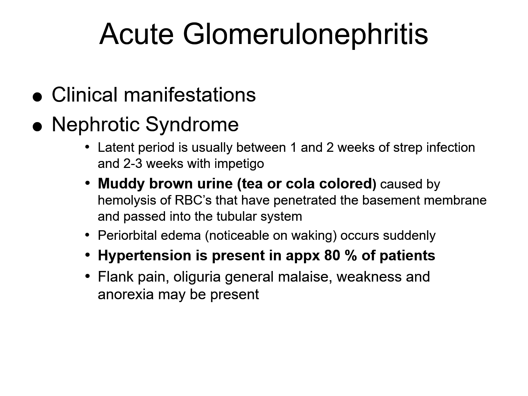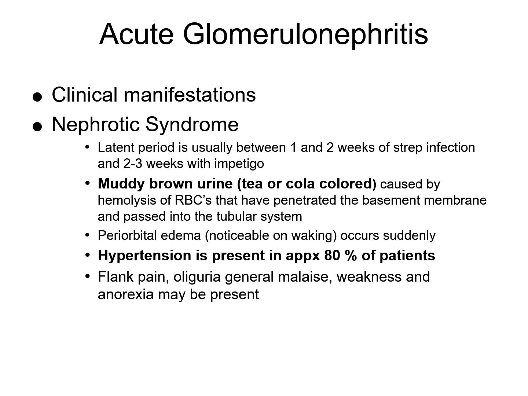So, when we were talking a while ago, you're looking at your patient and you're looking at clinical manifestations, you may see something called a nephrotic syndrome. Now, this usually happens between 1 and 2 weeks of that strep infection, and then 2 to 3 weeks if they have impetigo. And what you would see would be the urine would become a muddy brown.